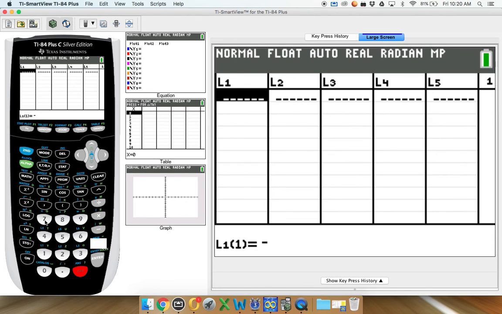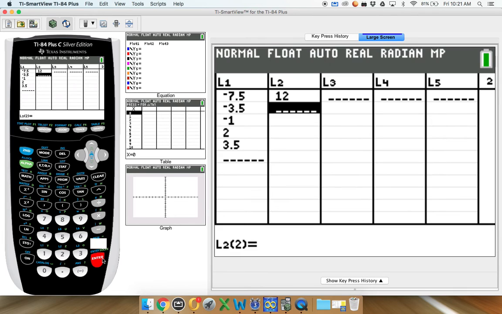Negative 7.5 for one of them. We got negative 3.5, negative 1. And by the way, if you understand this problem and you don't want to see this, you can probably just skip on to the next question. So I thought this was a rather clever way to get the equation here punched out.